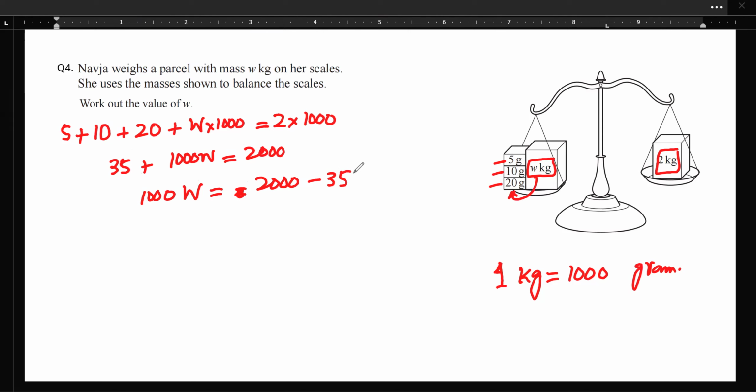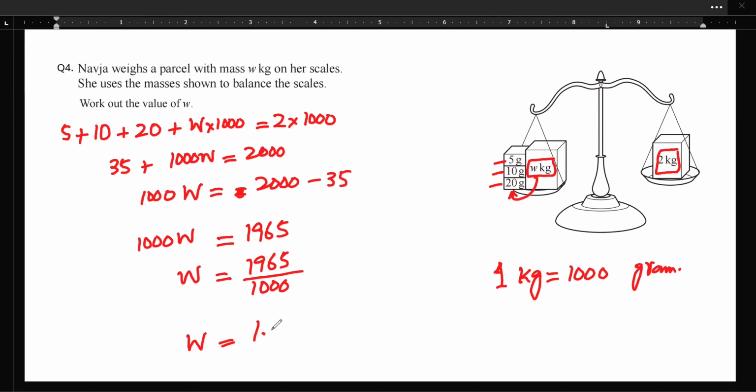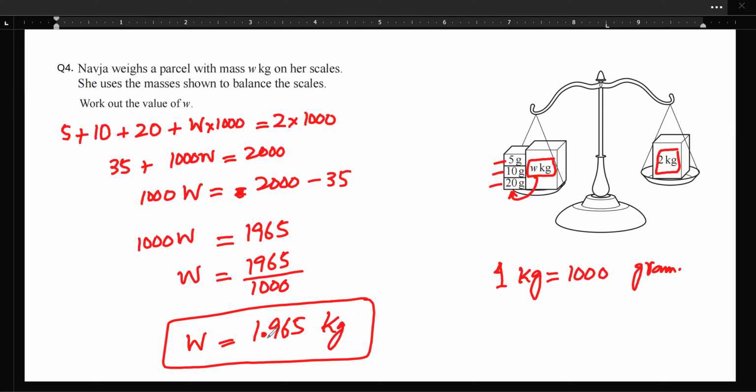So 2000 minus 35 will give you 1965, and that's 1000 W. 1965 divided by 1000, the W is 1.965 kg. This is the weight of the parcel, in kg; the unit was missing. Please carefully note down these details.